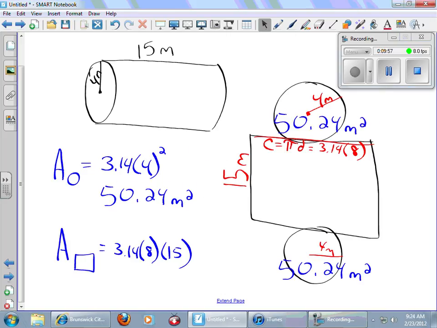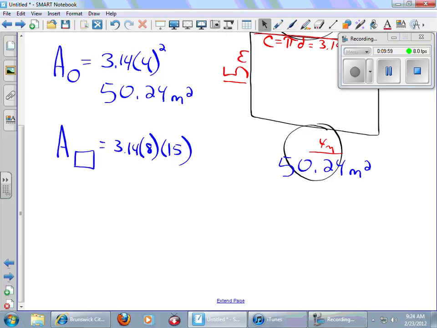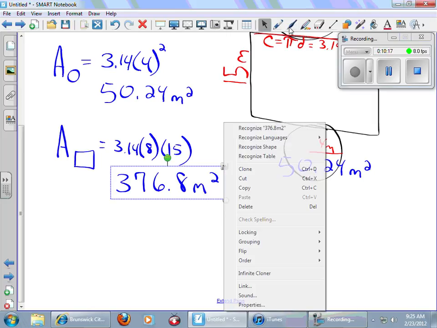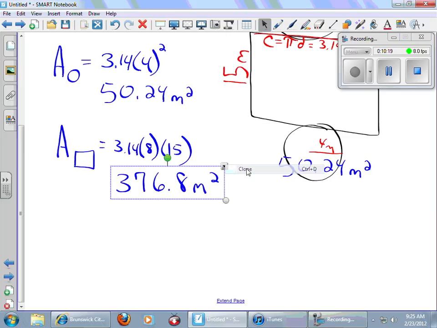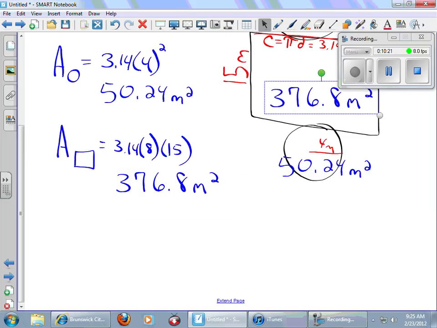They are congruent. Okay? Now I need to do the area of a rectangle, the body of the cylinder, and that comes out to be 376.8 meters squared. And that is the body, and I'll put that there.